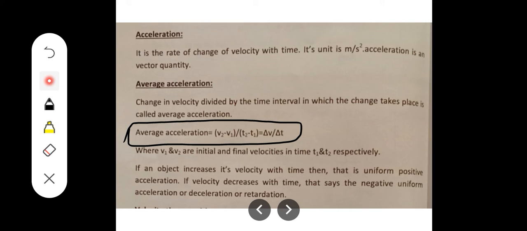So whenever velocity increases uniformly with time, that is uniform positive acceleration.